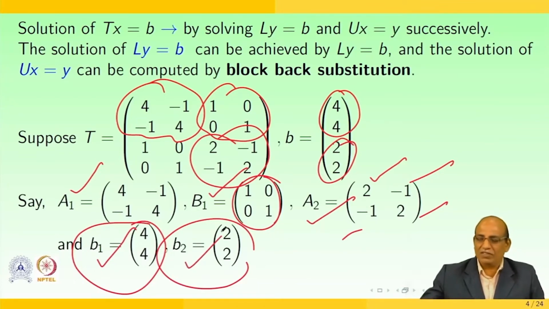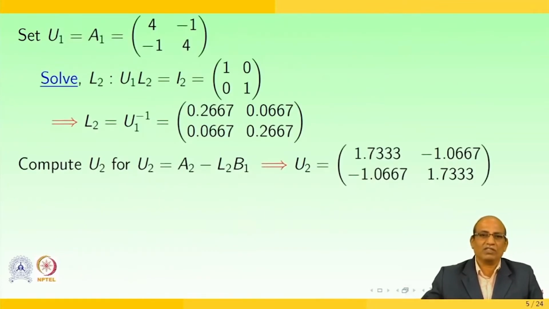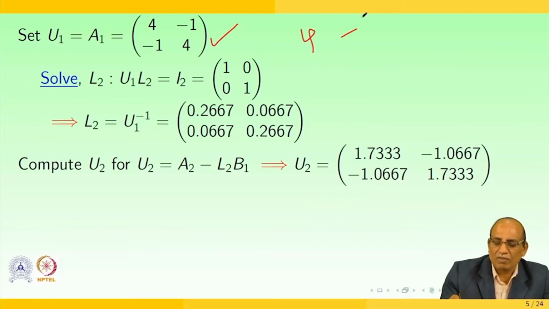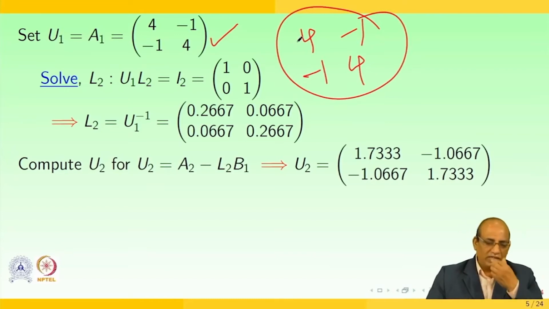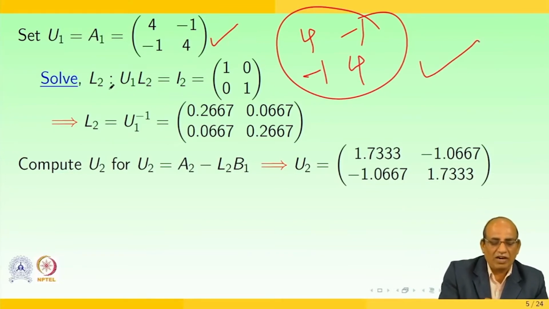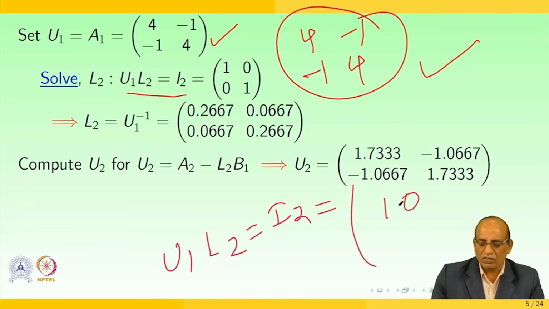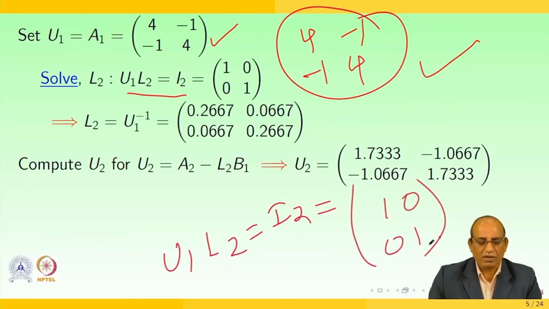Now let's apply the previous algorithm we wrote in the previous case. Set U1 equal to A1, that is the matrix 4, -1, -1, 4. And solve for L2, that is U1 times L2 is equal to I2, which is 1, 0, 0, 1, right?